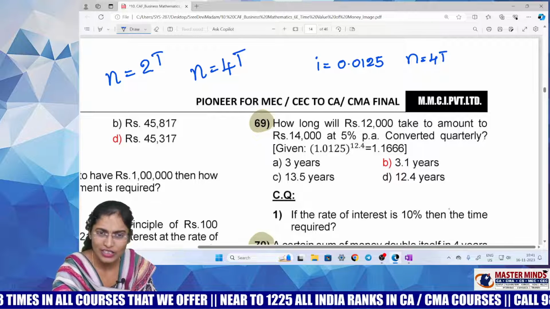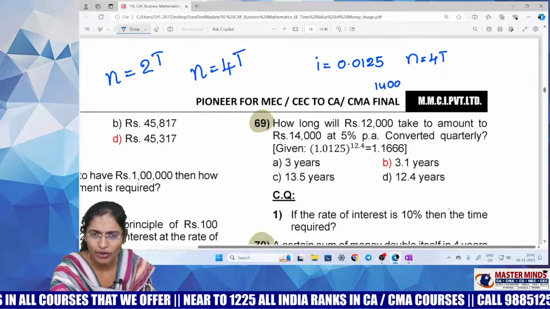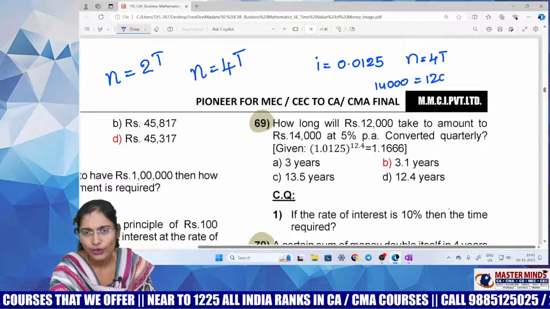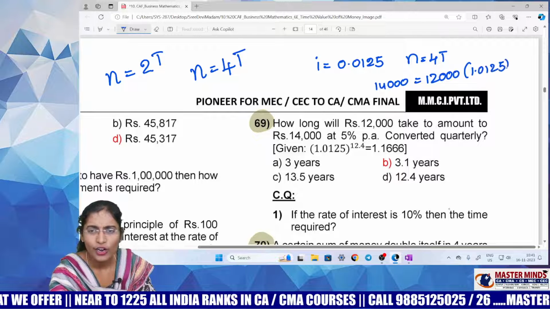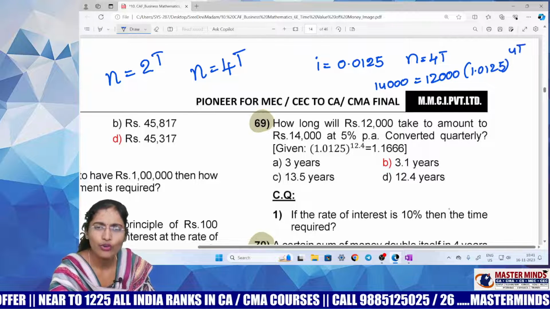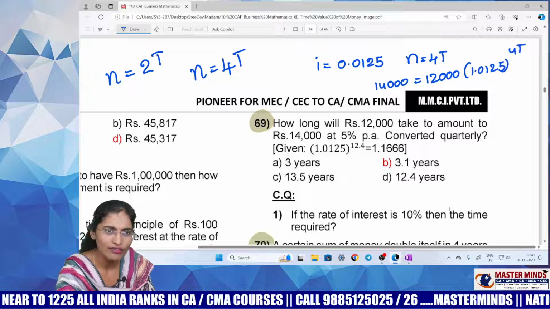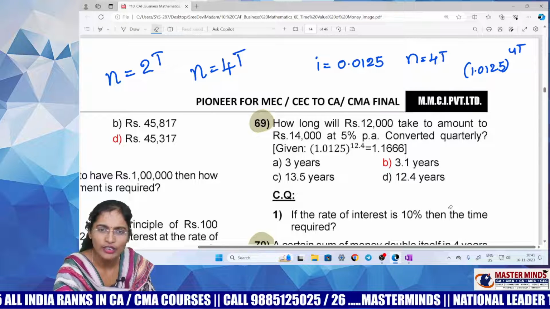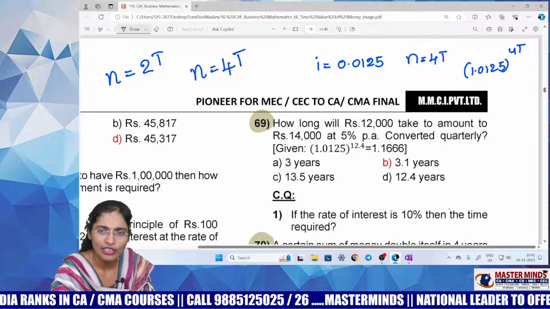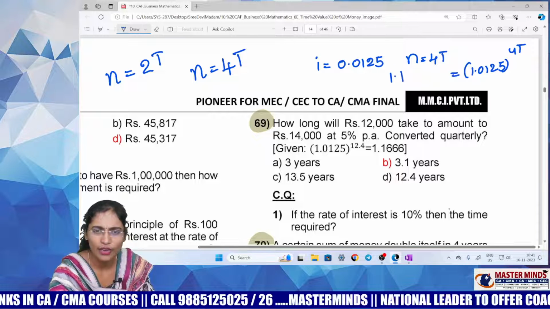Now 12,000 is the principal and 14,000 is the amount. Amount equals P into (1 plus i), that is 1.0125, whole power 40. What will you do? You need to take this 12,000 to the left side. So calculate 14,000 by 12,000, which is 1.16 bar.